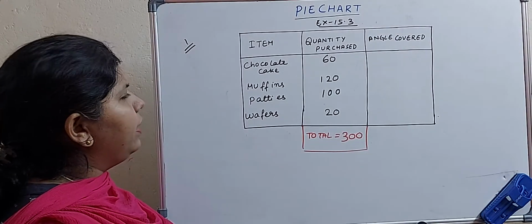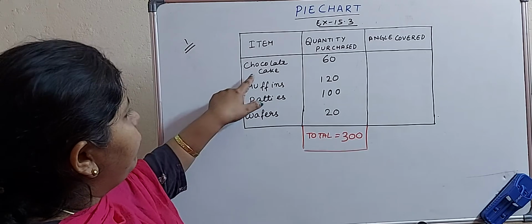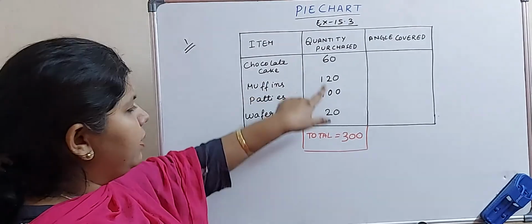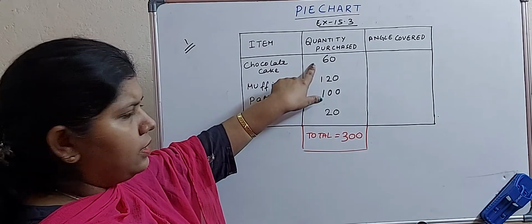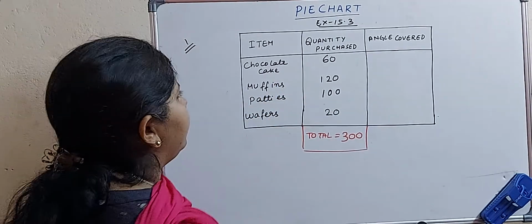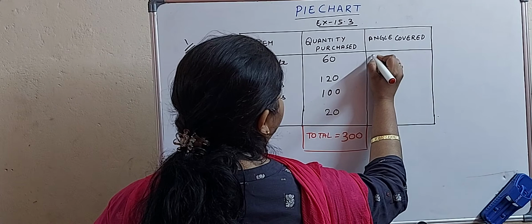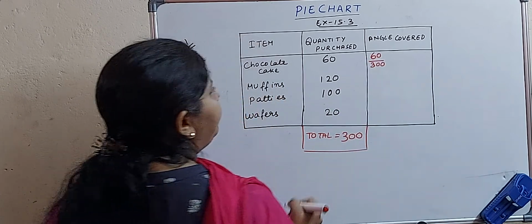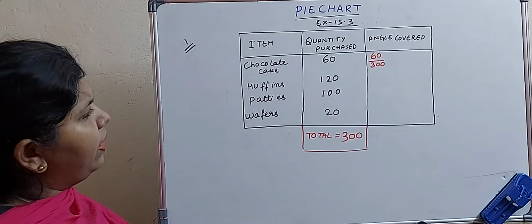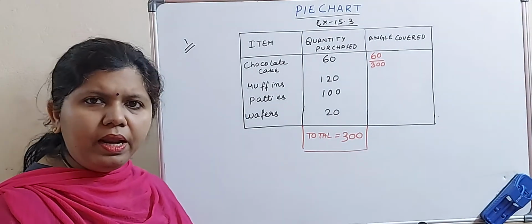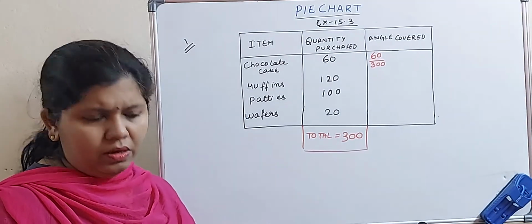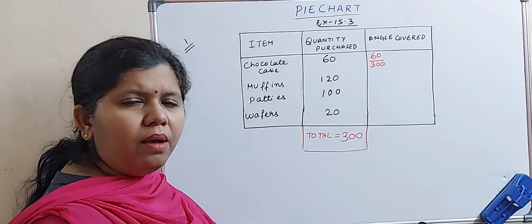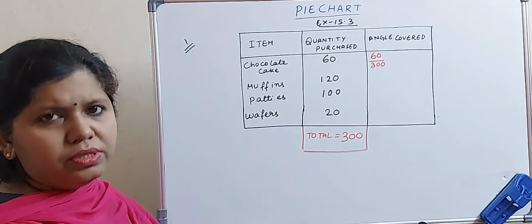Now, the angle covered, how will we take it out? For chocolate cake, it is 60 quantity purchased out of 300. So 60 by 300 is the fraction that you have got here. Then we have to multiply this fraction by 360 degrees, because the total complete angle in a circle is 360 degrees.